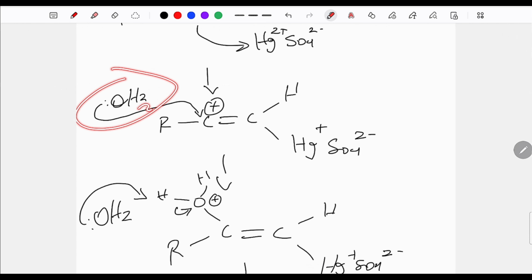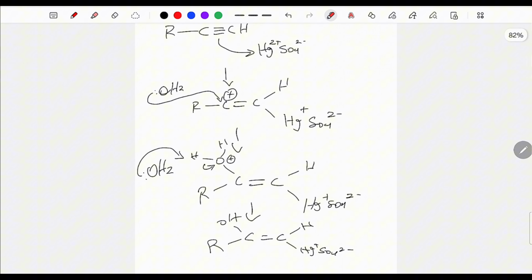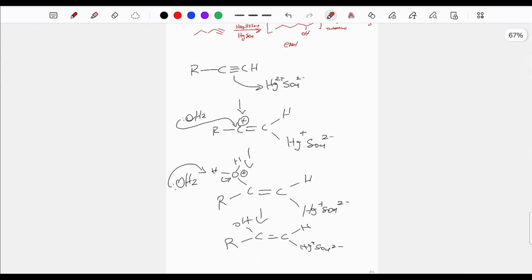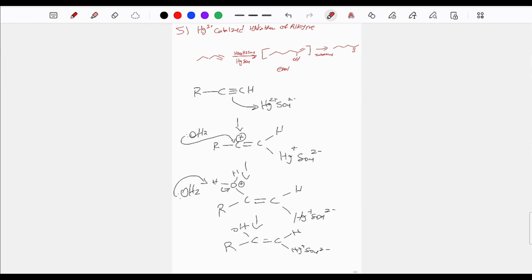This OH2 is going to add to the more substituted carbon. This R group is another carbon, whereas if the positive charge added here and the mercury sulfate was here, then the positive charge would have been less stable there. So again, it is Markovnikov. The reaction is not stereospecific. The addition across the triple bond can be syn or anti, but the final ketone has no stereochemical center, so it doesn't really matter.